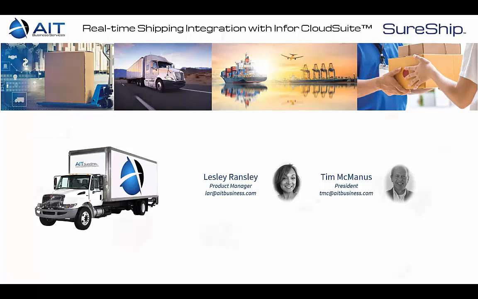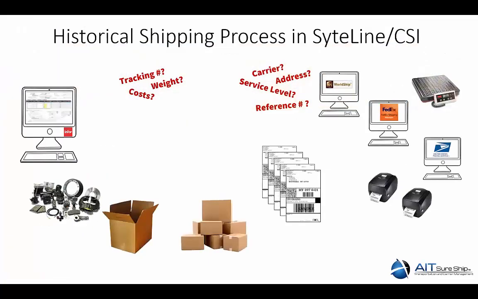So where this came from, as many of you in this Syteline world know for a long time, you've got really two separate functions that have always been going on. You've got your inventory shipping, the actual Syteline shipping screen, where you do your material transactions, your cost of goods. You've got stuff in boxes.